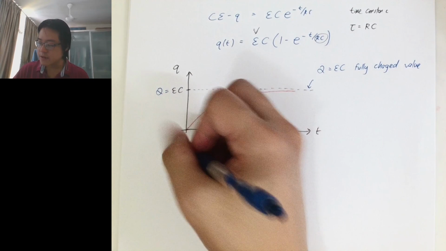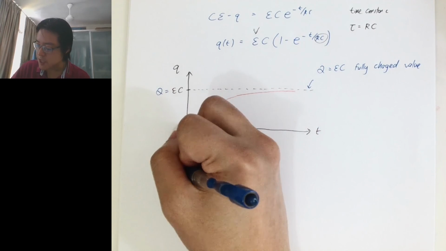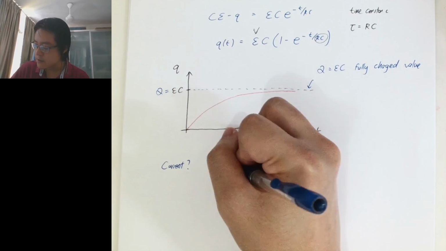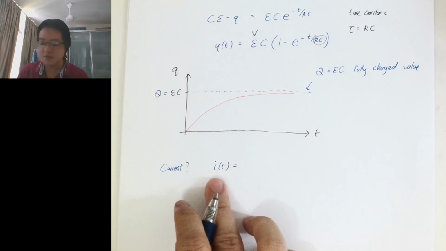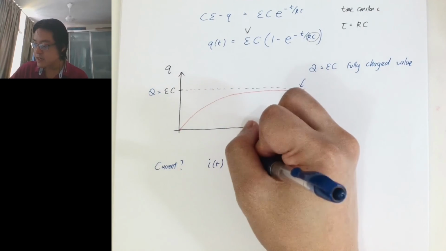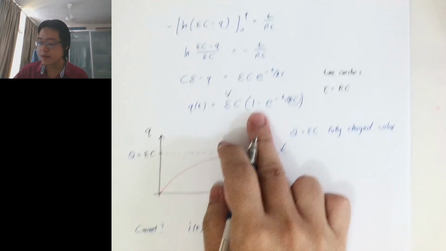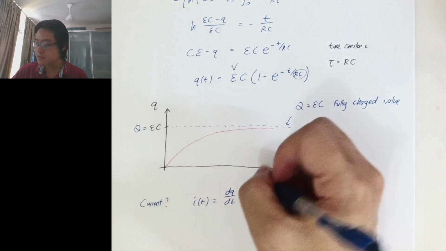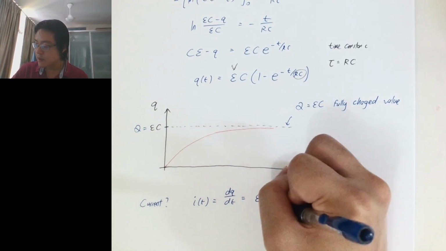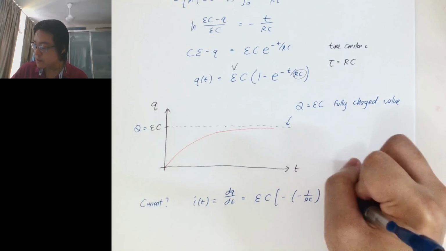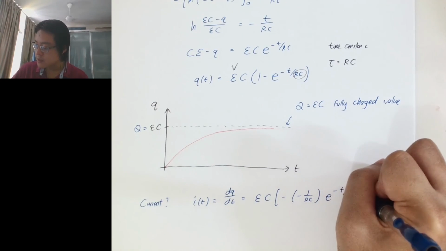So the current is the rate of change of charge. So current I, I can also determine as a function of t. It is dq dt. So if I differentiate this with respect to time, the first term is 0, then I get negative, minus 1 over RC, and then e to the power t over RC.